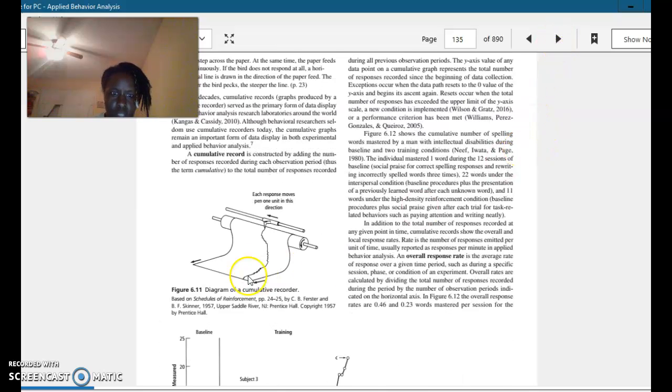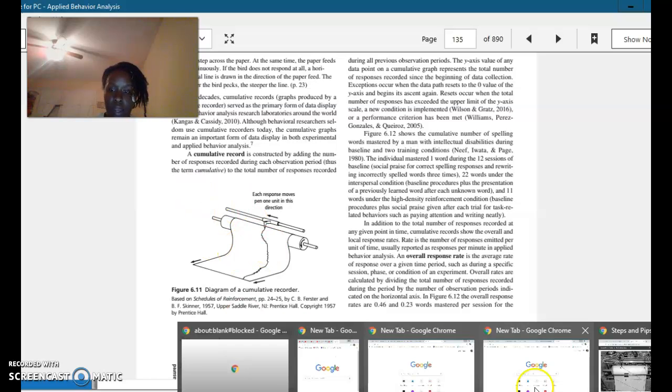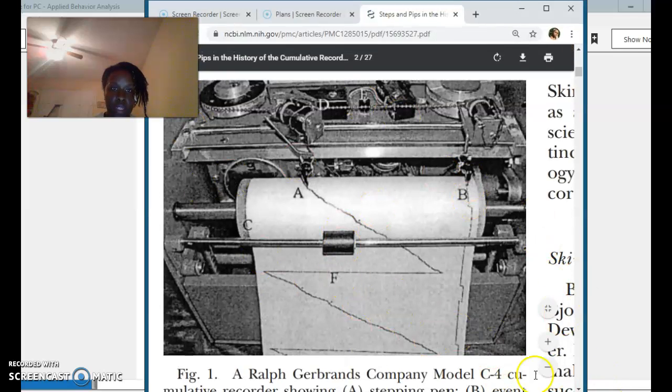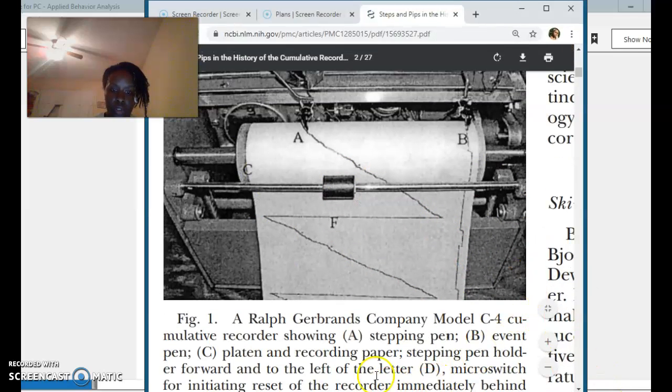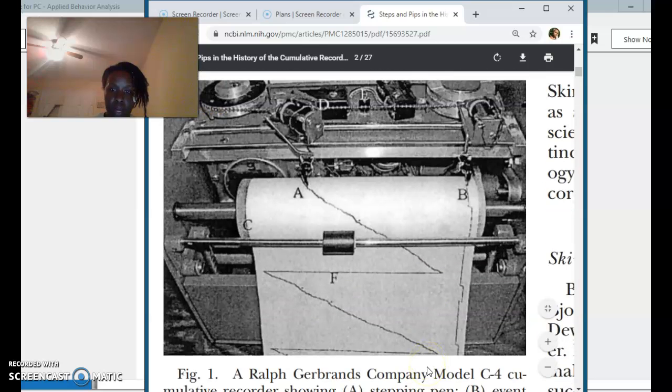This is a diagram of a cumulative recorder, which uses a pin on a continuous loop to collect data automatically. And here is an actual cumulative recorder invented by B.F. Skinner. As you can see, this is the pin that automatically records on its continuous loop.